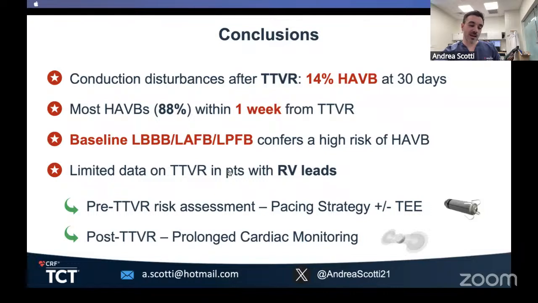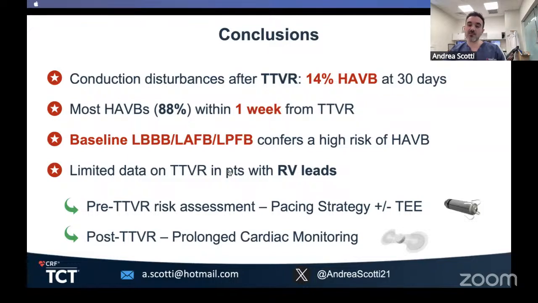So clearly, having a high-grade heart block might be associated with worse outcomes, especially if this is not recognized. And out of all the patients analyzed in this registry, there was also one who was discharged, was not on a cardiac monitoring device, and the patient died because of high-grade heart block.